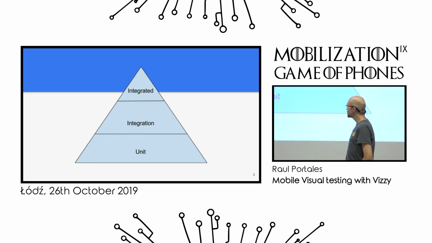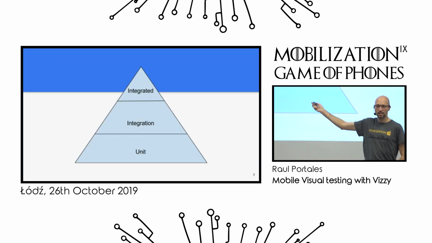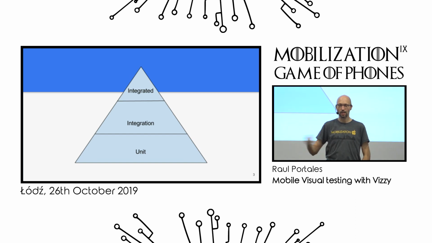Okay? So, you're all familiar with this testing pyramid. We've talked about it. Everybody knows it. And I hate it. It is a horrible name. And you know why? Every time I hear pyramid, I think of this.